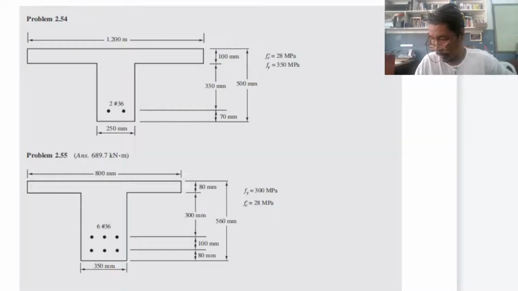T is As fy. We already know As is 2012 times 350 megapascal. If you multiply, that is 704,200. So we can equate this one equal to this one, and solve for the value of A. That would be 118.